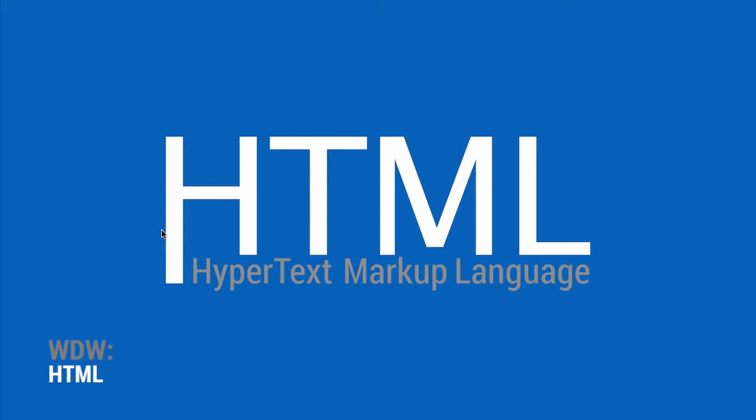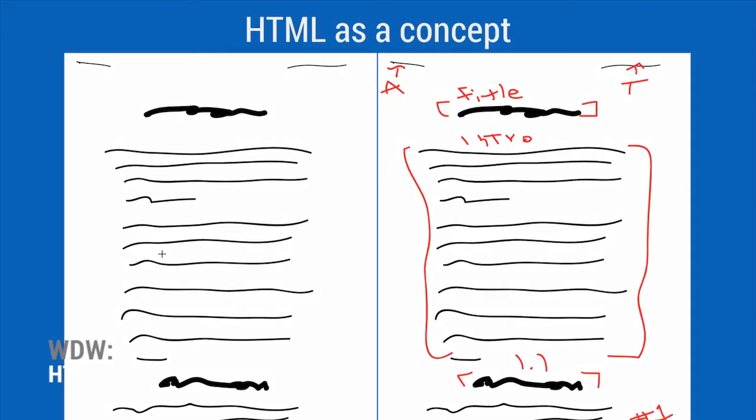HTML as a concept. What are we trying to do when we write HTML? I like to look at it as, imagine that we're writing a textbook for a publisher and we need them to publish it fast. So they don't have time to read it or look through it or review it. What we're going to do is just write in the margins what the sections are that we've made so they know how to style it in their own in-house styling formats.